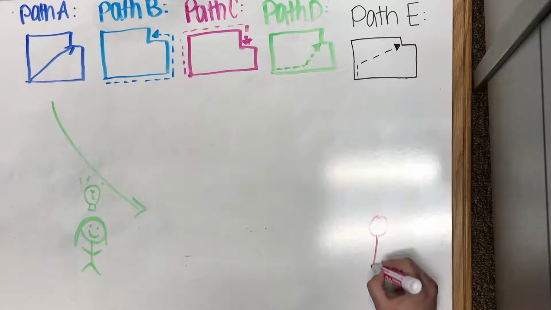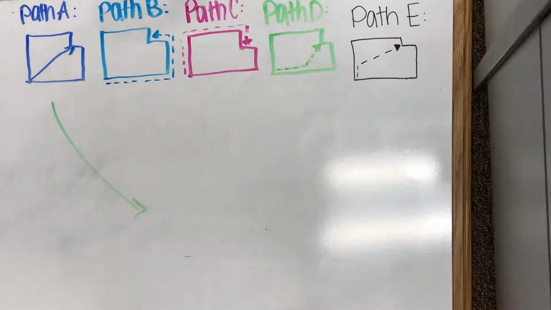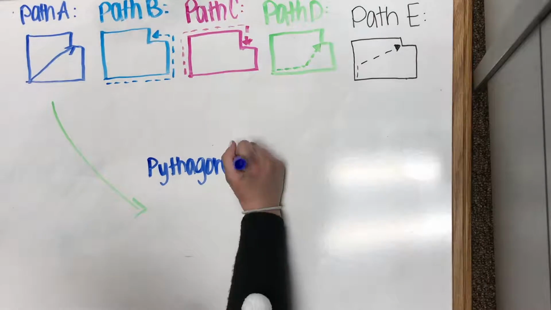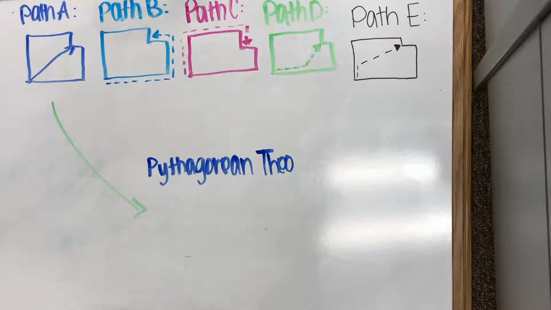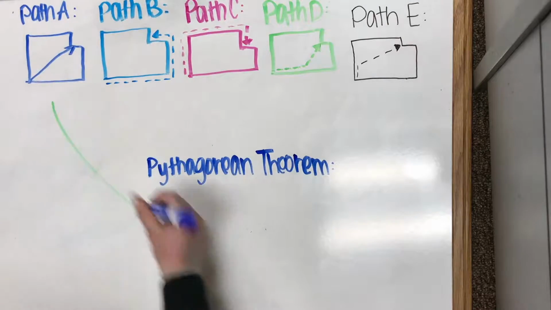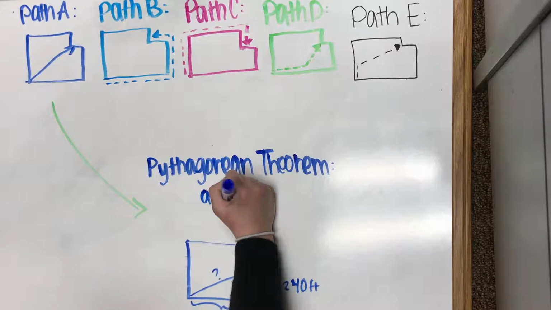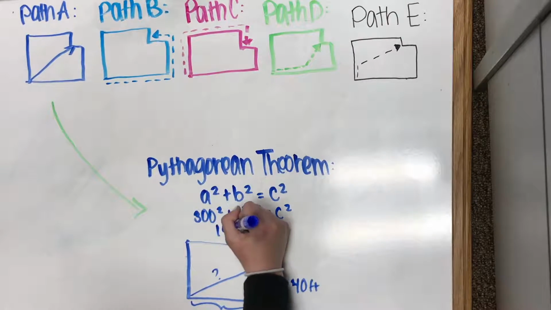As we go into path A, my partner and I decided to use the Pythagorean theorem since it is pretty straightforward and it'll give you a precise and accurate answer. The formula for that is a squared plus b squared equals c squared. We already have the measurements for a and b, making it a lot easier since we only have to find c squared. The numbers we're going to plug in are 300 and 240.